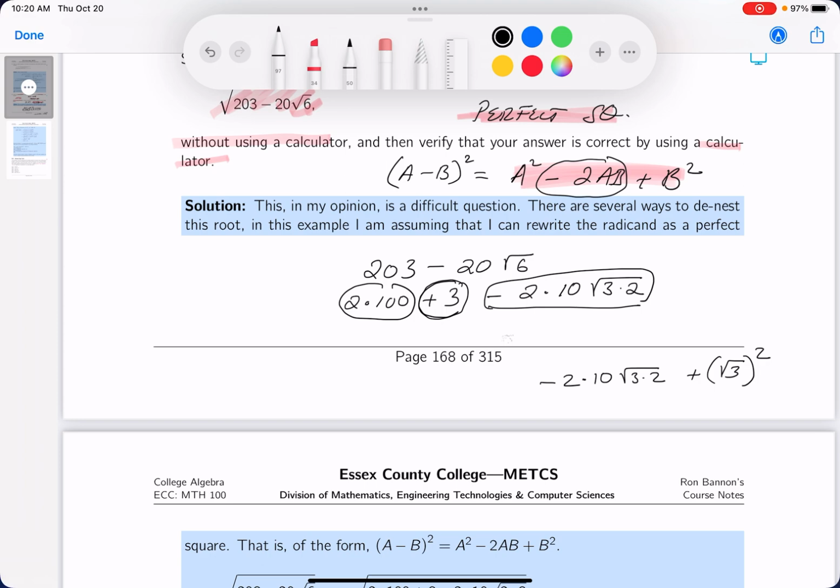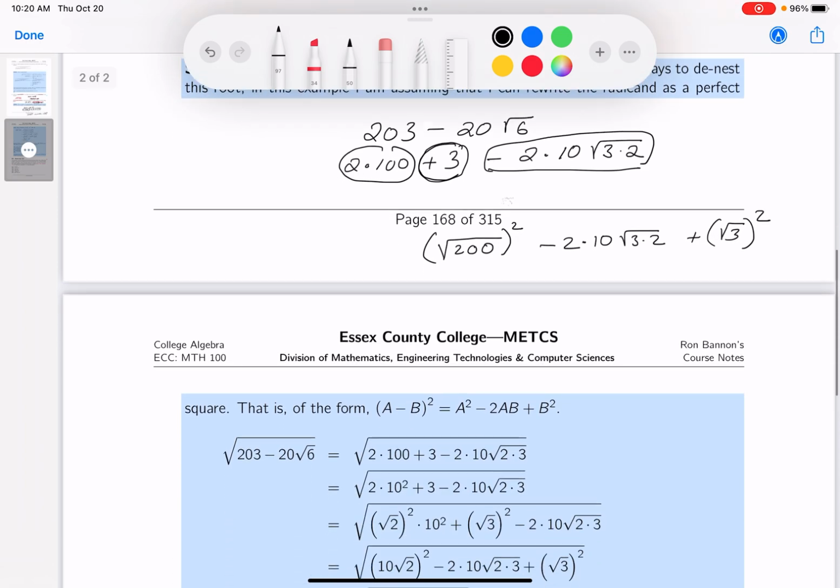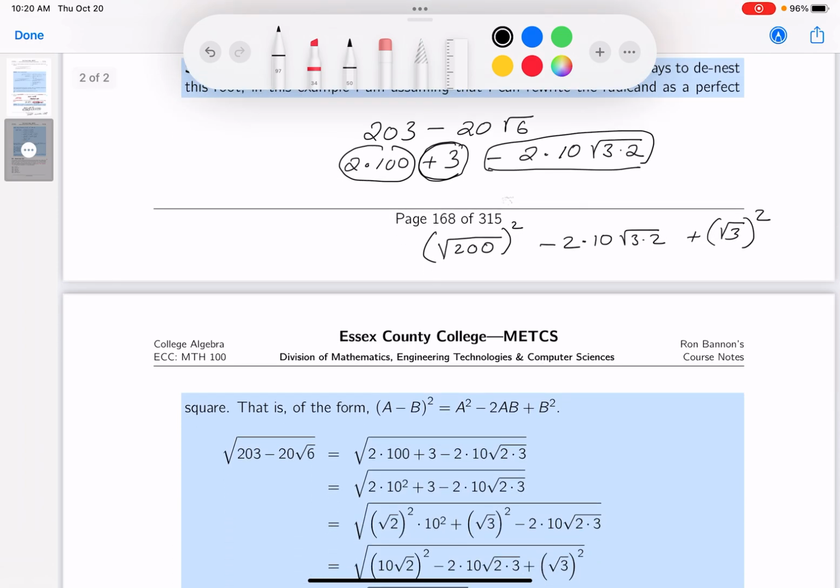Let's take a look. I'm going to write down, let's see, the square root of 200 squared. All right? I'm going to write it a little differently. Maybe I shouldn't have written it that way, because it's not written that way. So I'm going to do the square root of 2 and the square root of 100.